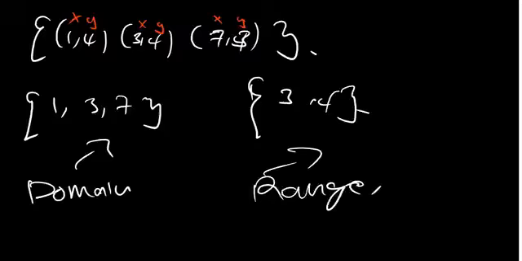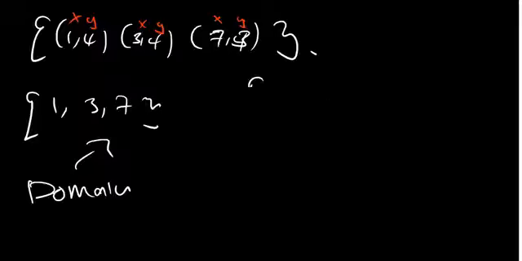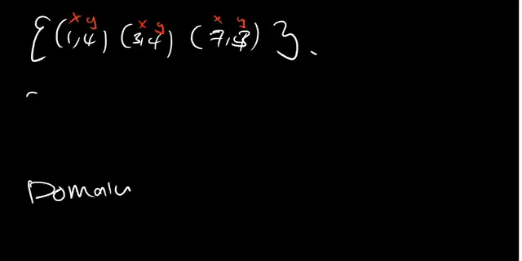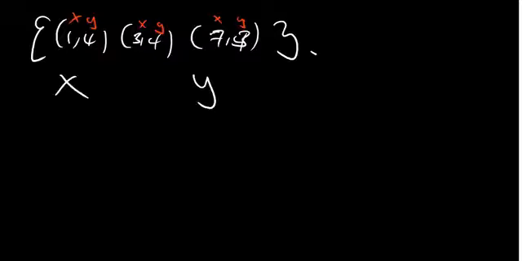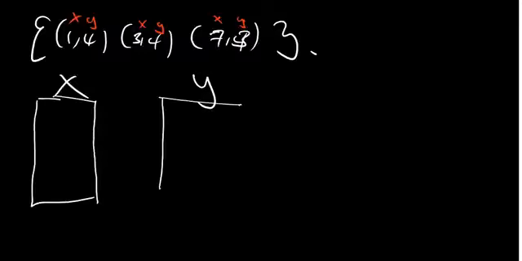Now how can we map this? The x values, the ones we are calling a domain, we're going to put them here. We're going to say that this is x and then this is y. So to map them, we're going to have something like this, then something like this. We put the values here. We have the x values 1, 3 and 7.